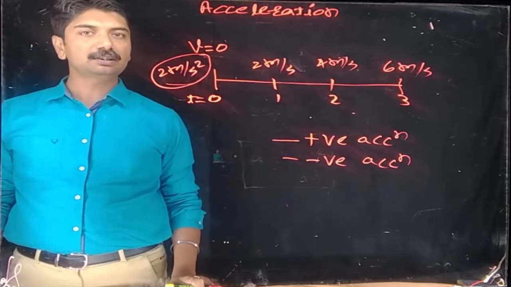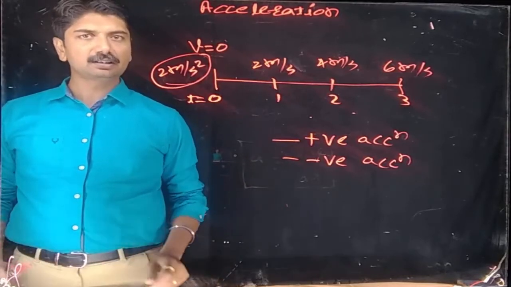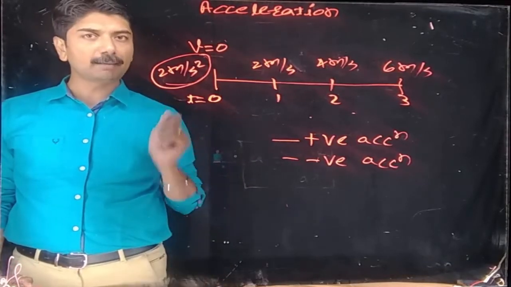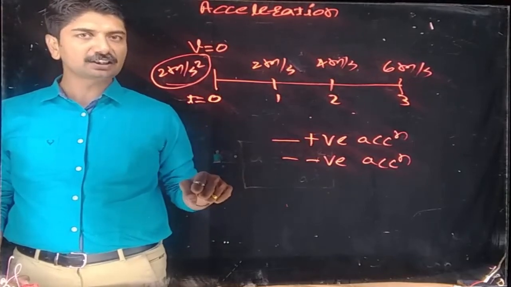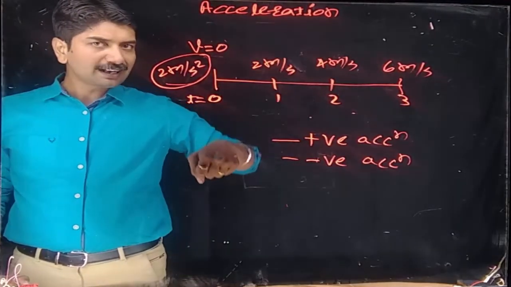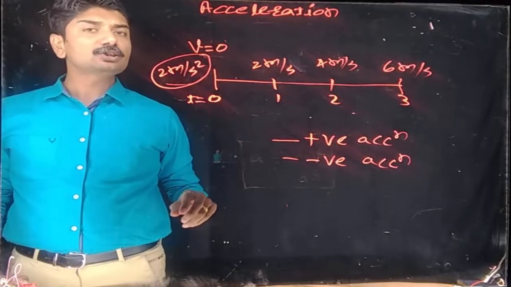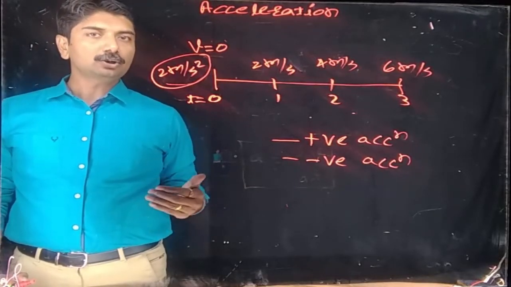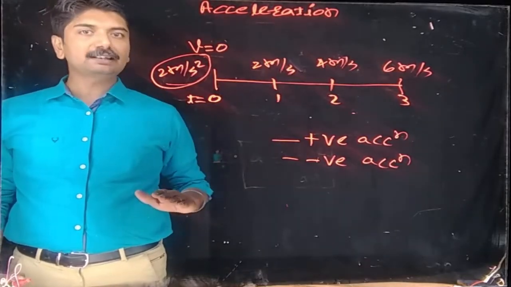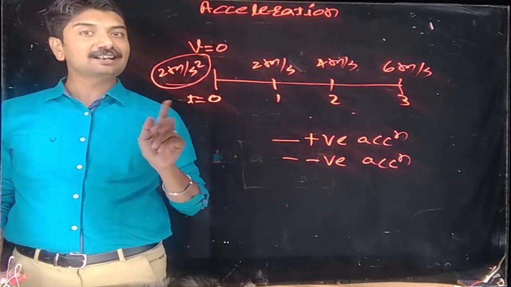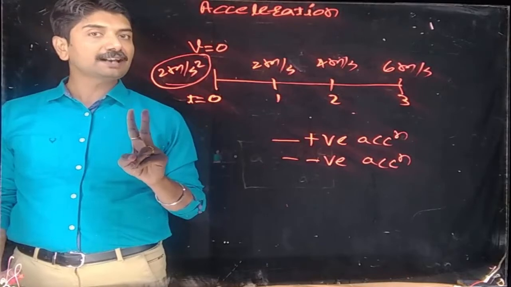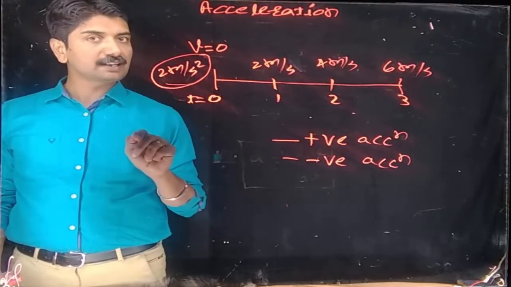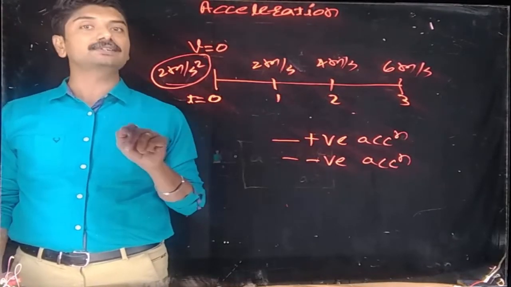Whenever you are riding a bike, you have an accelerator in your hand. When you start increasing it, the velocity continuously increases. On the contrary, whenever you apply the brakes, the velocity continuously decreases. Both give acceleration.